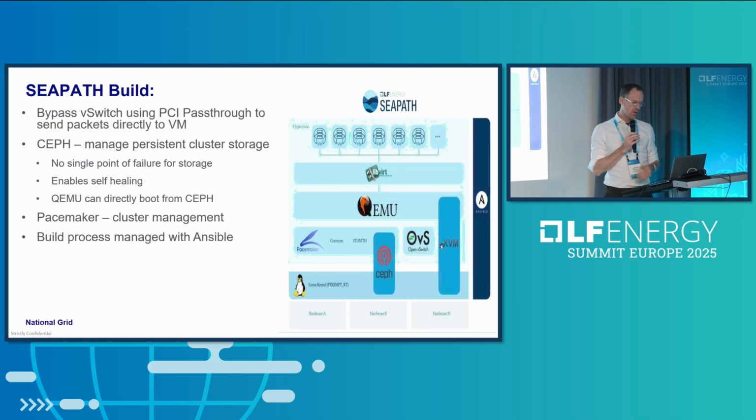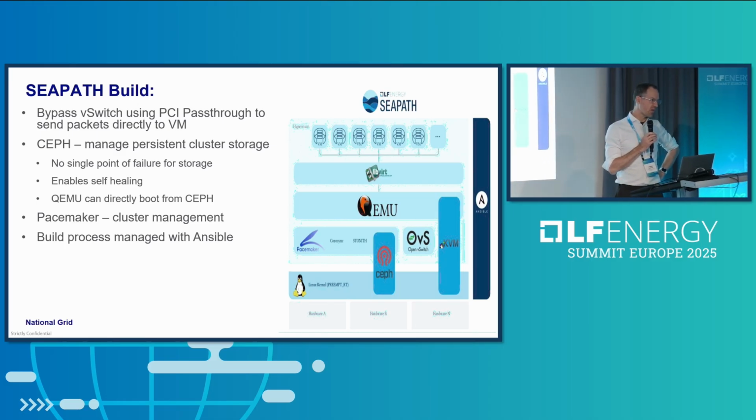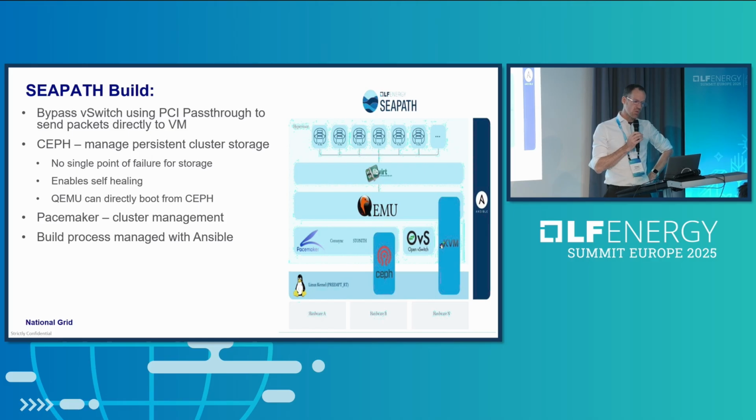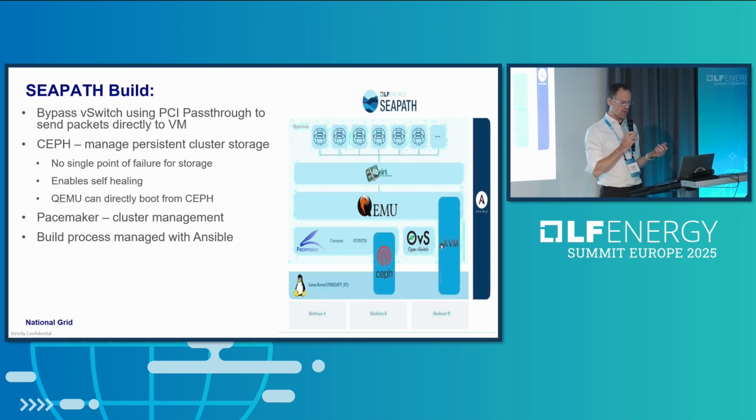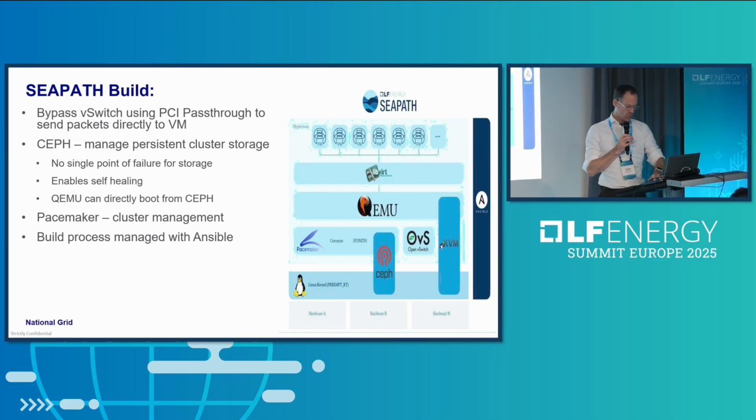Because the bottleneck is always the sampled value processing, we look to bypass the vSwitch and use a PCI pass-through to send the sampled values directly to the VM that processes the sampled values. Initially, we used a pacemaker for cluster management, but we also looked into some alternatives to pacemaker. And yeah, the build process is managed with Ansible, goes without saying.